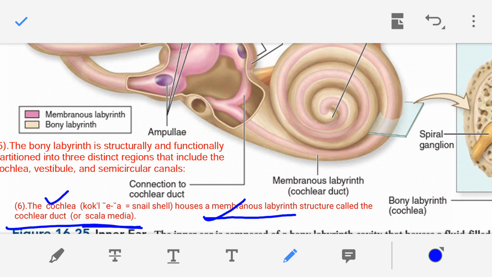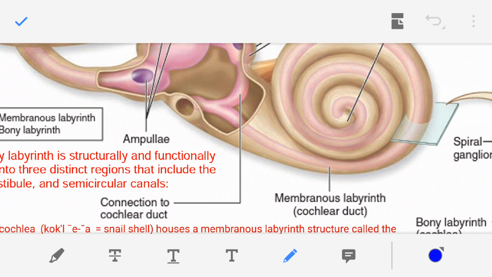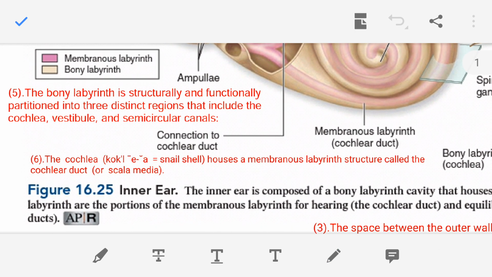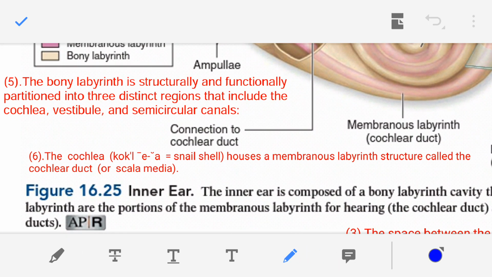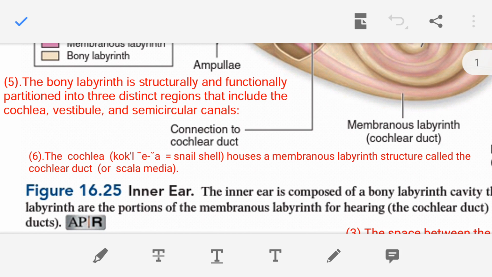So here you can see this entire structure is the cochlea, and this pink color portion is the membranous labyrinth known as the cochlear duct, or also known as scala media. Okay, so this is the sixth point of our discussion.